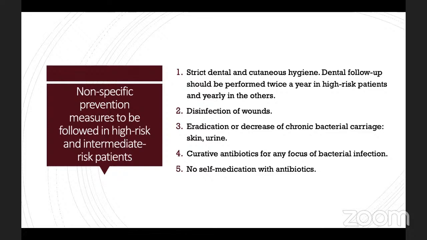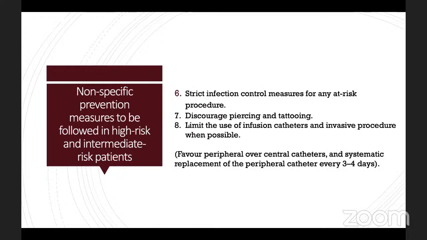A curative antibiotic for any focus of bacterial infection, no self-medication with antibiotics, strict infection control measures for any at-risk procedure, discourage piercing or tattooing, limit the use of infusion catheters and invasive procedures when possible, favor peripheral over central catheters, and systematic replacement of the peripheral catheter every 3 to 4 days.